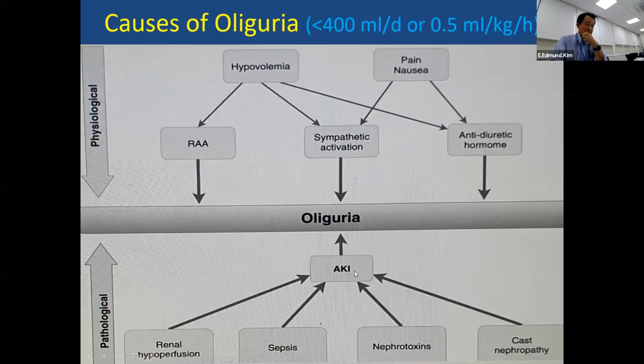Oliguria is mainly from acute renal disease due to sepsis, toxin, certain nephropathy, or hypoperfusion. But certain sympathetic activation, pain, nausea, and anti-diuretic hormone can also cause oliguria.